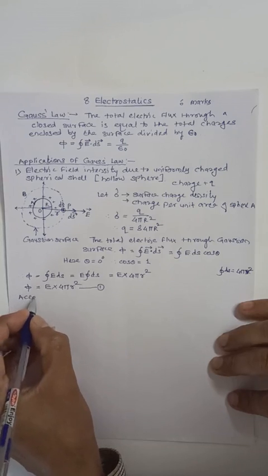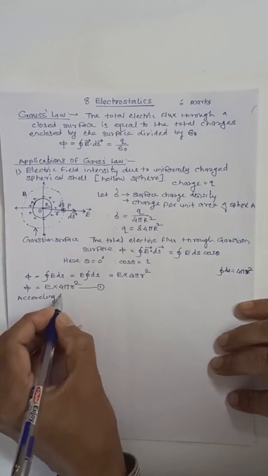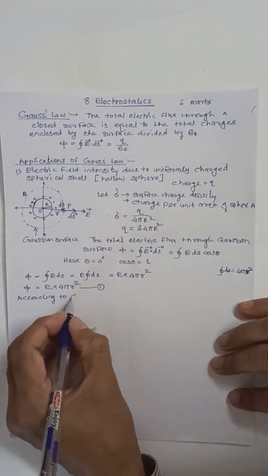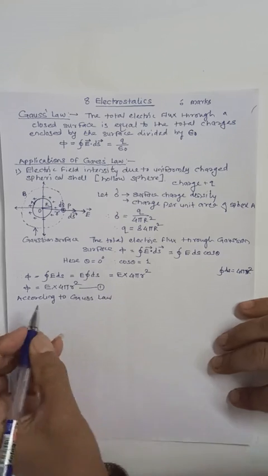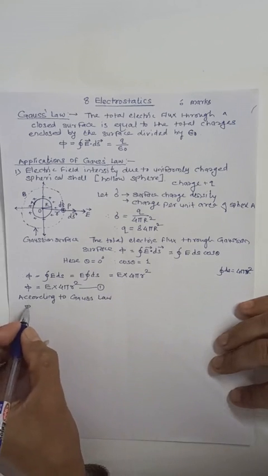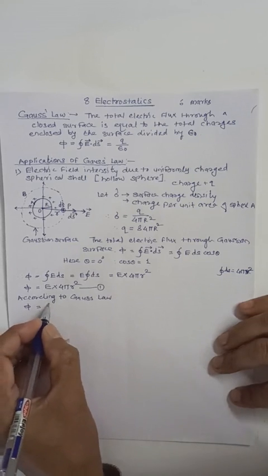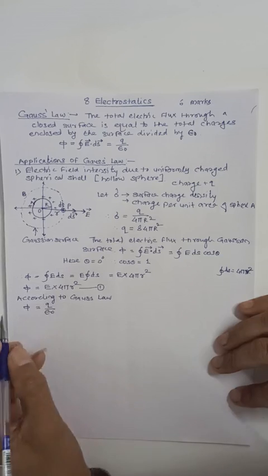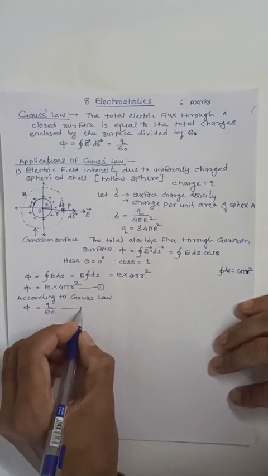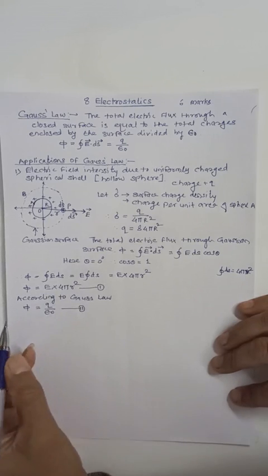Now according to Gauss law, the total electric flux phi is equal to total charge upon epsilon 0. This is equation 2.